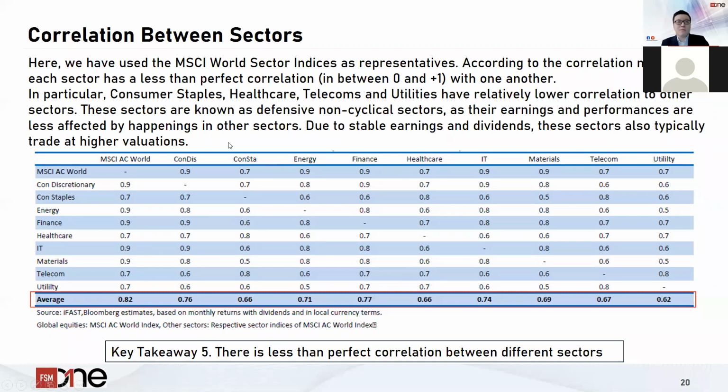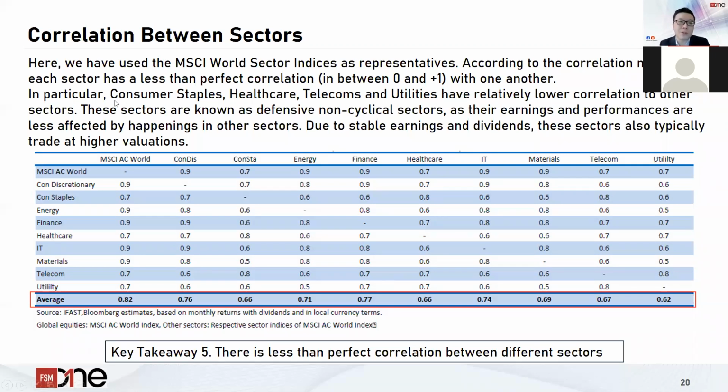And if you typically follow investments, you know that certain sectors like consumer staples, healthcare, telecoms, and utilities, they are what we call defensive sectors. Okay, non-cyclical sectors, because even markets up and down or economy recession, they're still expected to do okay, because these are sectors that are more defensive.